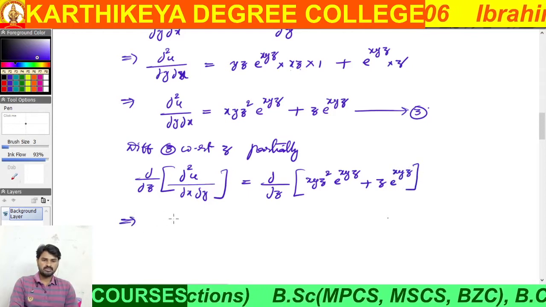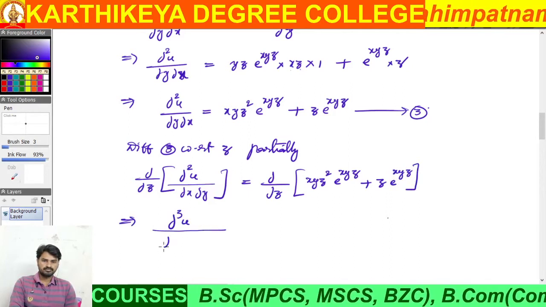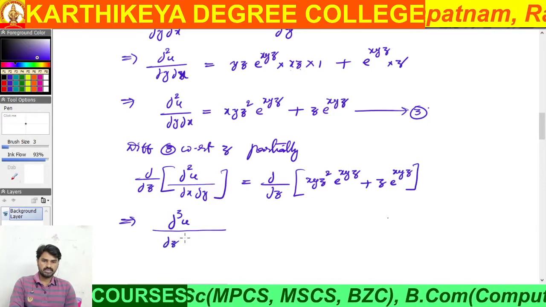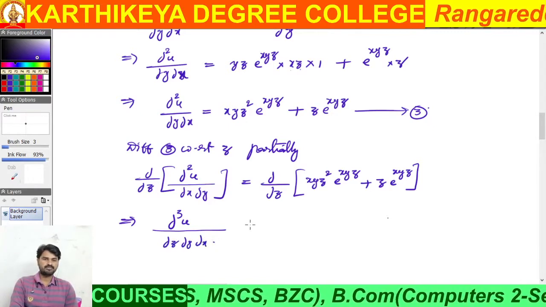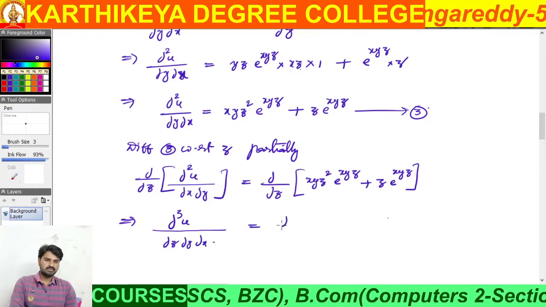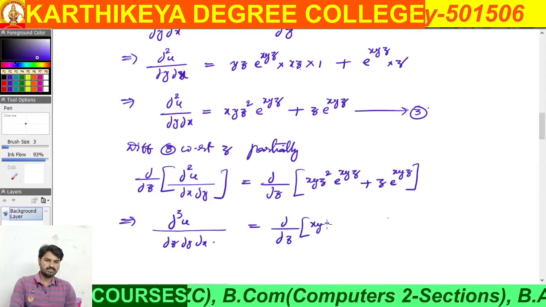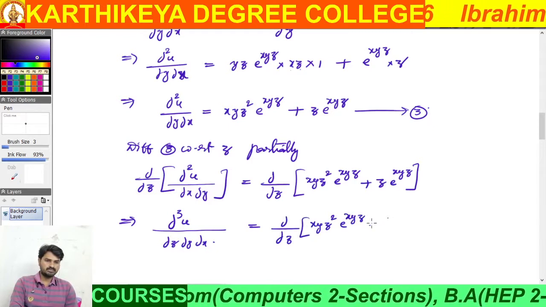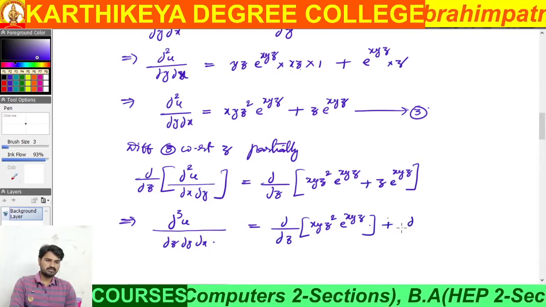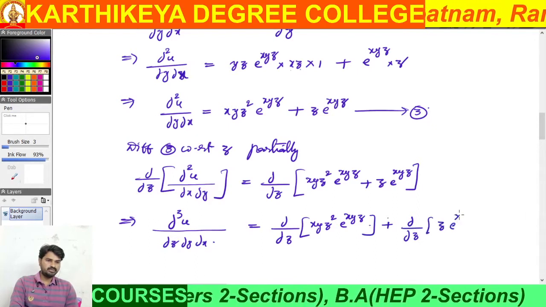Now this will be the third-order derivative of u with respect to z, with respect to y, with respect to x. So that is ∂/∂z of xyz² e^(xyz) plus ∂/∂z of z e^(xyz).